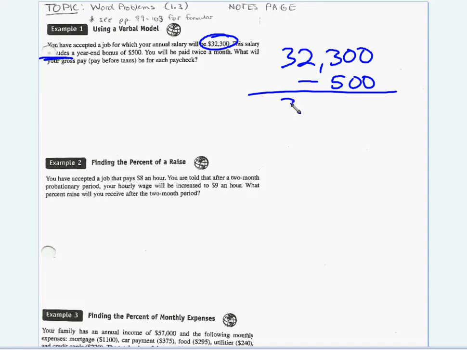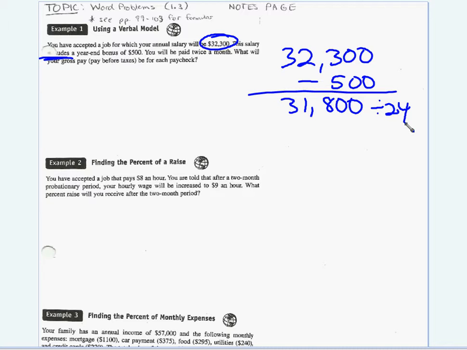So that becomes $31,800. That is your salary before the bonus, right? Now, how many paychecks are you going to get a year? Aren't you going to get 24 paychecks, right? So what do I do now? Divide by 24. Okay, so that's just a simple division problem.